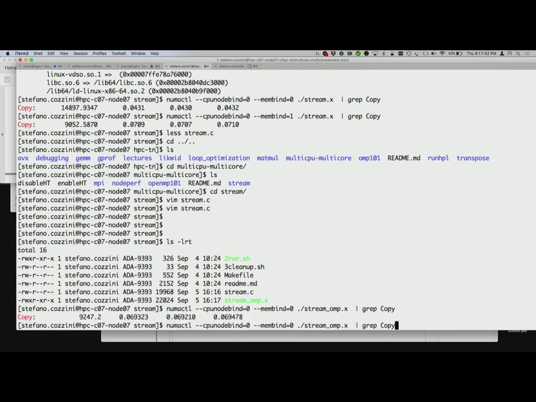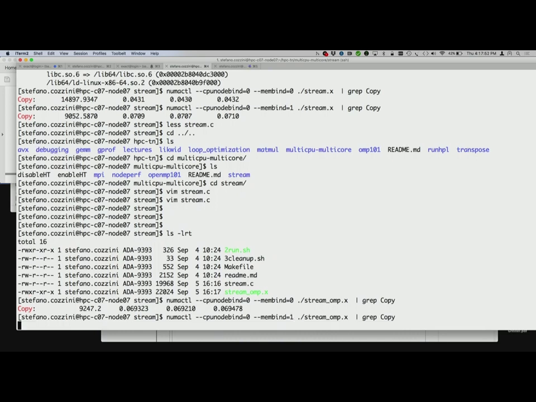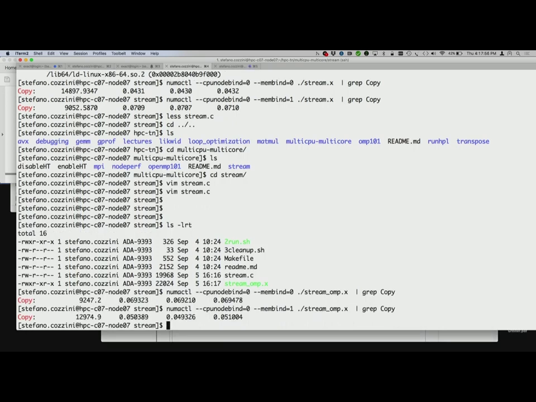No, it seems still the one I saw, correct? It decreased a little bit, but still the other way around.